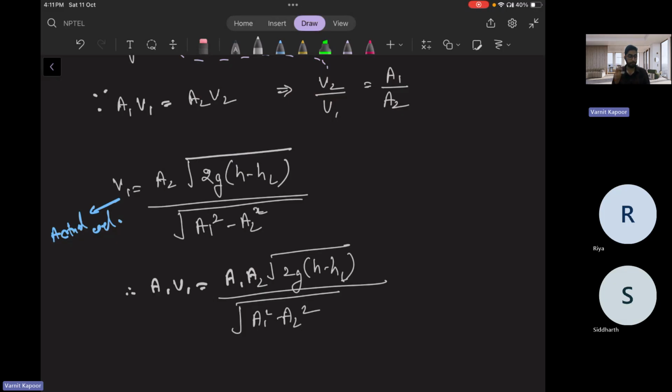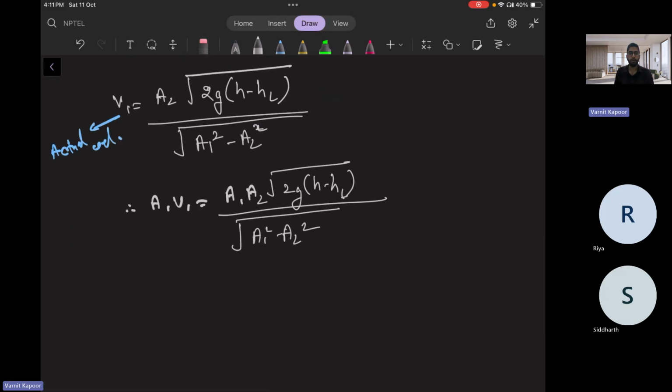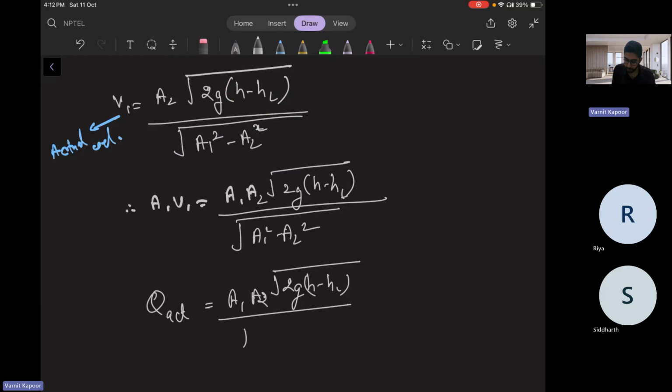And A1 V1, that is AV, is nothing but your flow rate. So your final Q actual will be A1 A2 root of 2G H minus HL by under root of A1 square minus A2 square.